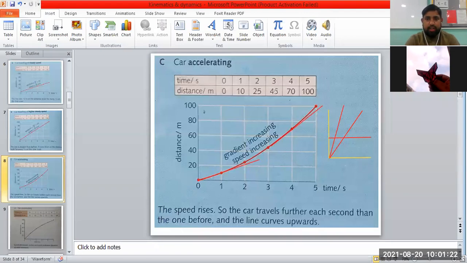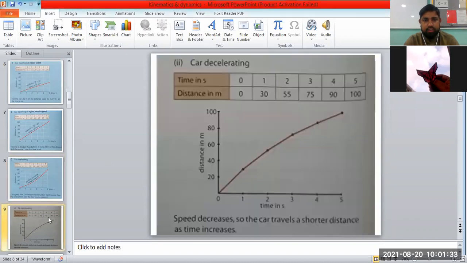Yes, sir. If we have a graph line like this, this one is tending to be horizontal. It means its gradient is decreasing. If we continue it, it will finally become horizontal. So it means speed in this graph is decreasing.